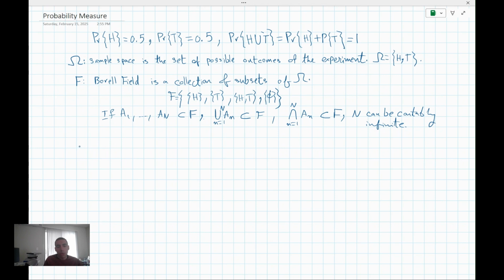So back to the probability measure. The probability measure P, sometimes we can write P or just PR. Here I used PR, so I'm just going to stick to that. So the probability measure is a function from the Borel field F to the interval 0, 1.